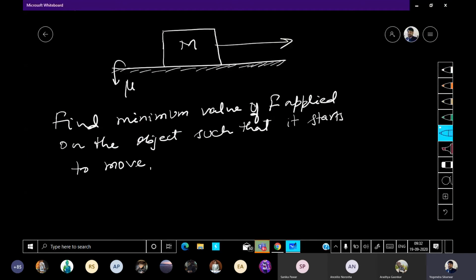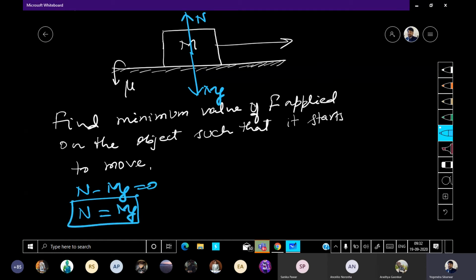If you apply force in this direction, mg will be acting downward, N will be acting upward. So what you can see is N minus mg is equal to 0, and N will be mg in that case, and fs max will be mu N. So fs max is equal to mu mg.